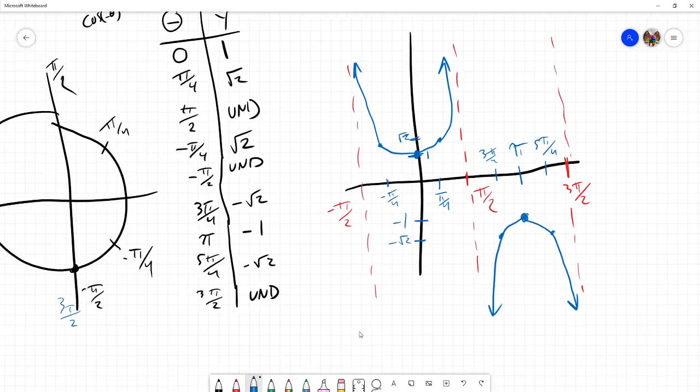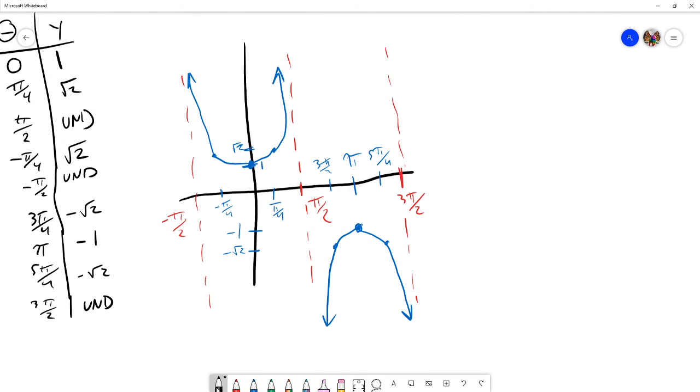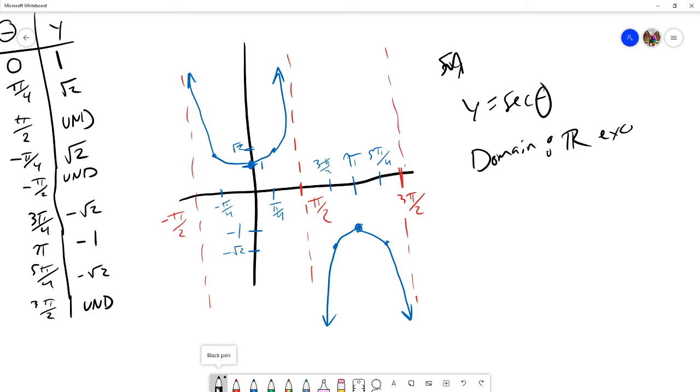And now we can make some observations about this graph here. So this was y is equal to secant theta. And we can see right away that the domain is again restricted. It's going to be all real numbers except where our asymptotes are. So I'm going to just start with pi over 2, and I'm going to consider the integer multiples of pi.